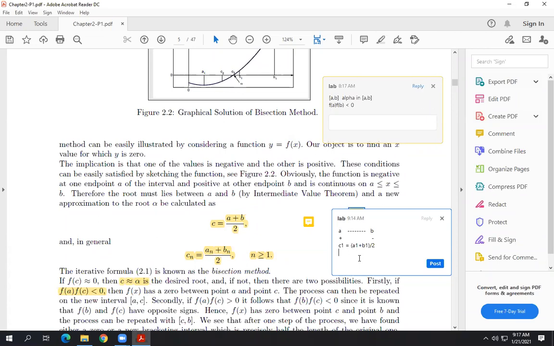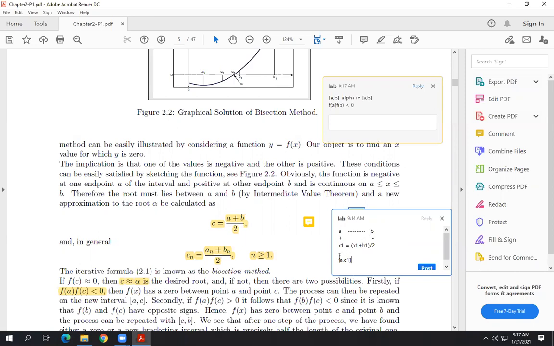It means you have to check the value of the function at c1. If f(c1) is negative, for example, what is your new interval? a to c1. We have to ignore the last negative here.